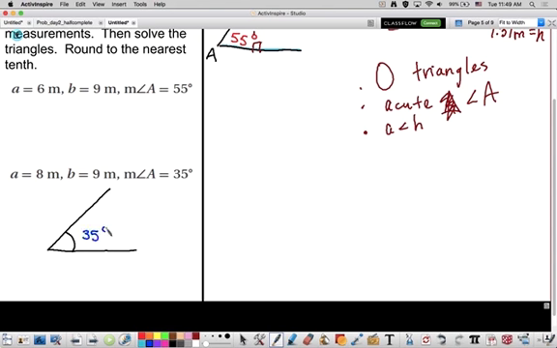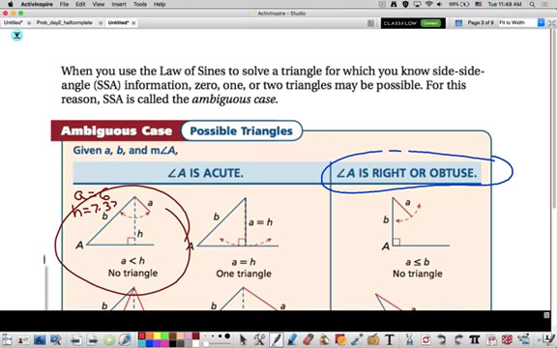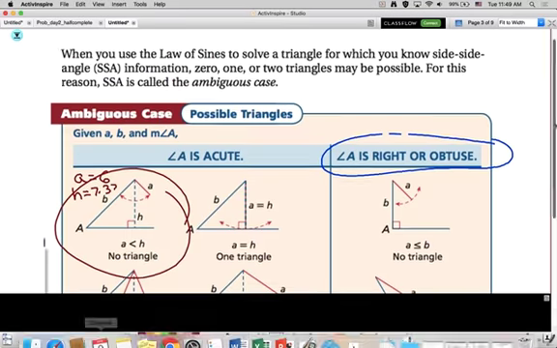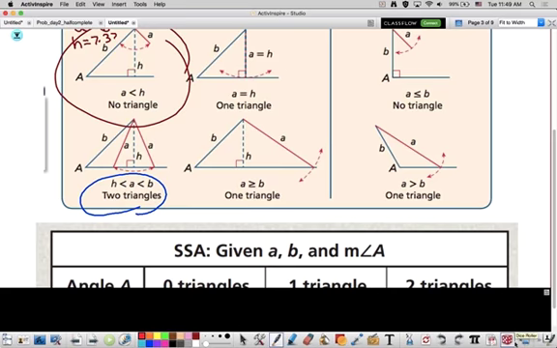Does anybody see what it's going to be already? Is B always the bottom side? B is going to be adjacent to your angle. I think it's going to be 2. Let's see. No, I guess we do have to find H. Never mind. Okay, let's find H.